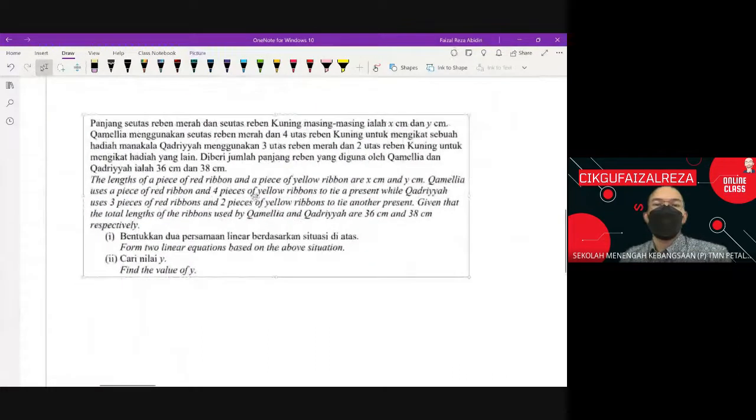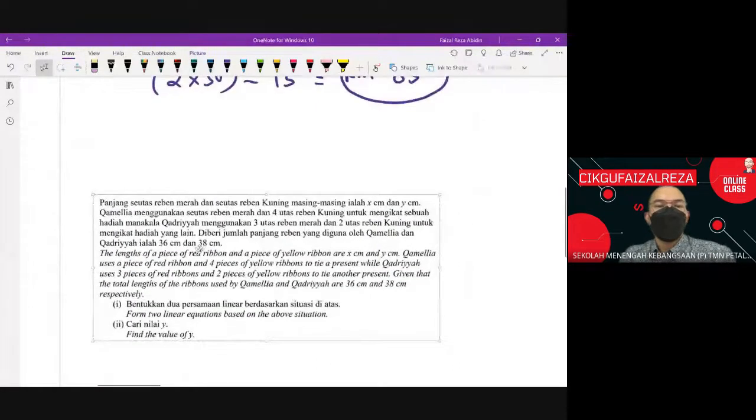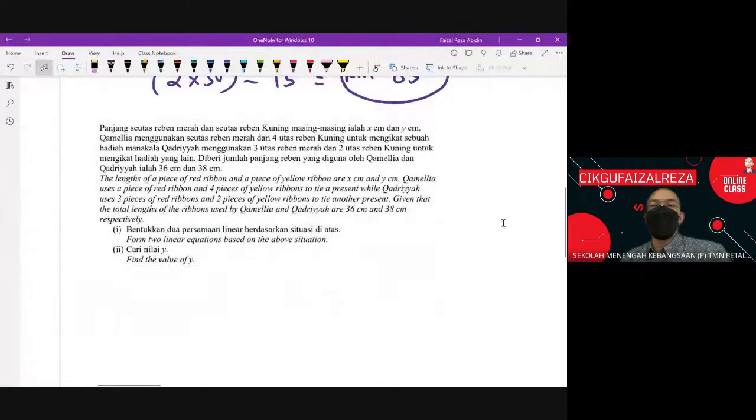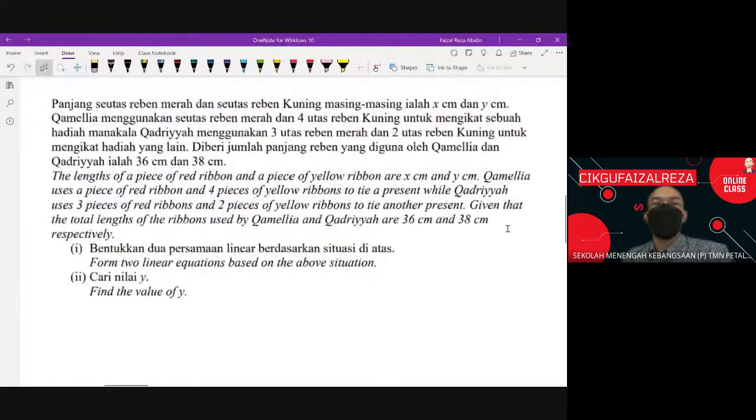Okay, what we have over here: the length of a piece of red ribbon and a piece of yellow ribbon are x centimeter and y centimeter. So the red ribbon is our x and our yellow ribbon is our y.